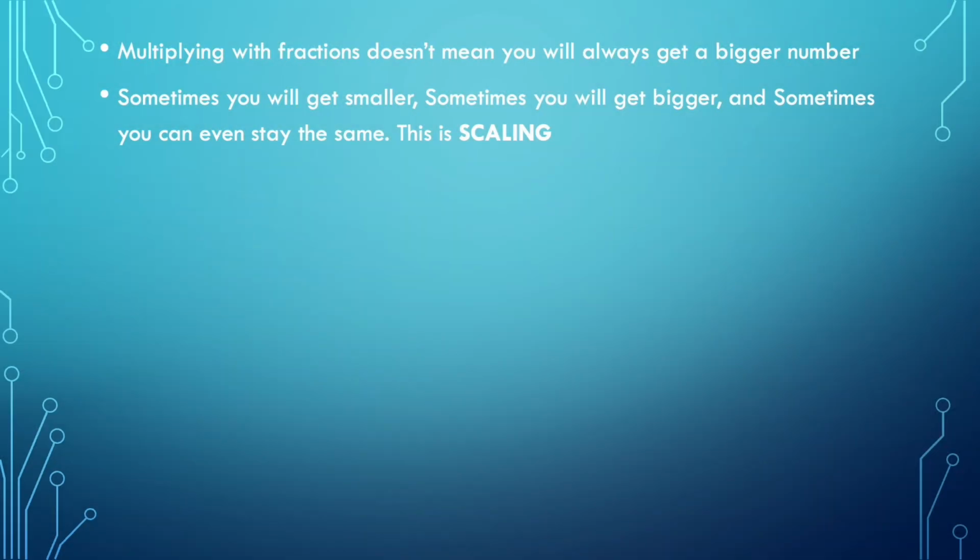So now that we got our whiteboards and we're ready to work, we need to know that multiplying with fractions doesn't mean you will always get a bigger number. Sometimes you will get smaller, sometimes you will get bigger, and sometimes you can even stay the same. This is scaling.